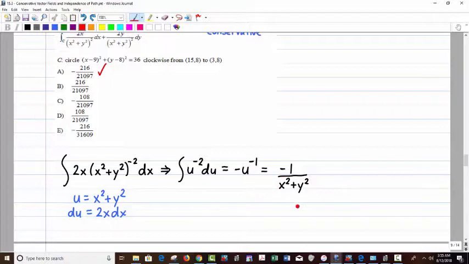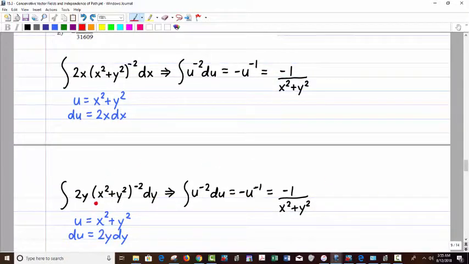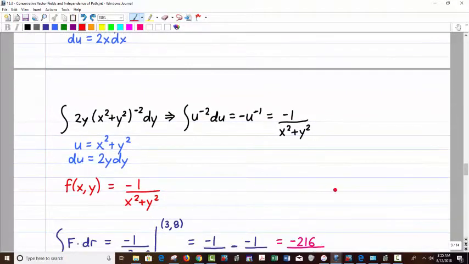So I have negative 1 over x squared plus y squared. And the same thing here when you integrate this one with respect to y. Same result. So obviously that's our potential function. F of x, y equals negative 1 over x squared plus y squared. We don't really need to include any kind of plus c there, especially since we're evaluating this as a definite integral.